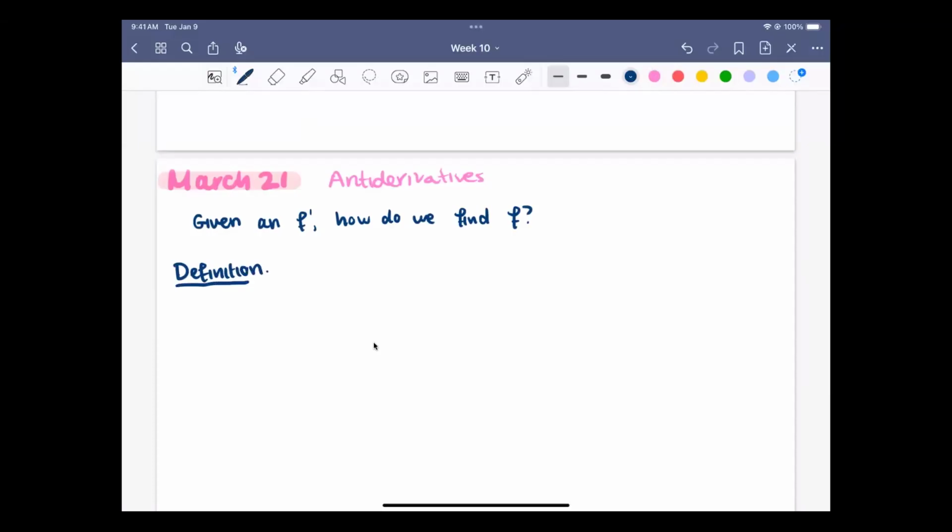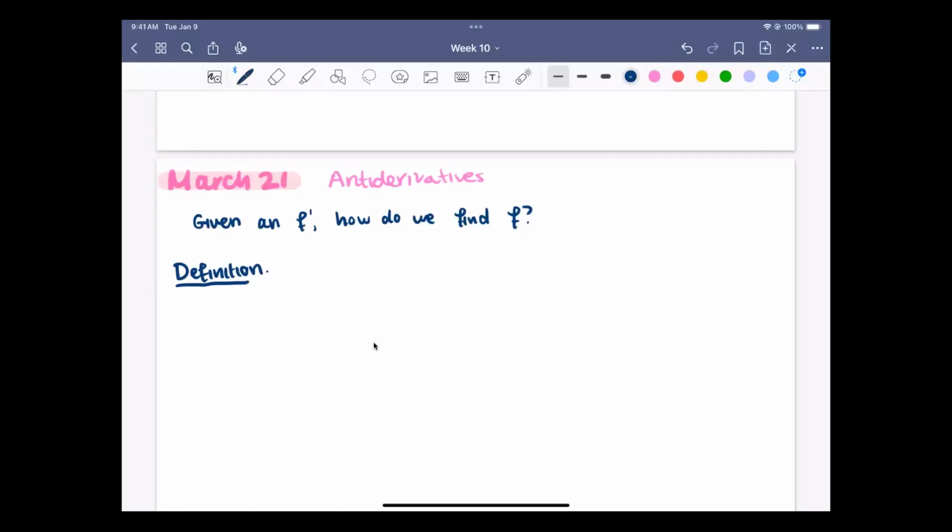Usually we'll use lowercase f to denote the function that we want to take the antiderivative of, and then capital F will be the function where capital F prime is equal to f.